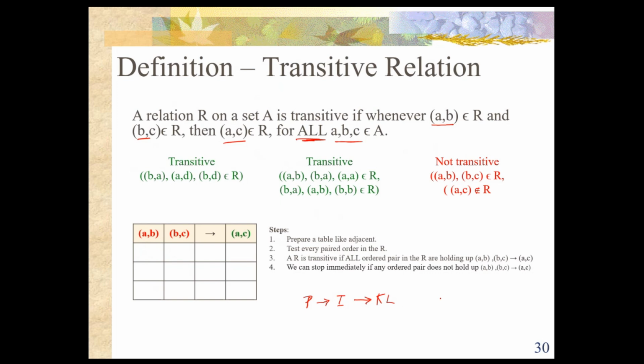So can we safely assume that we can get from Penang to Kuala Lumpur? The answer is yes, right? So, again, let's break this down. We can get from Penang to Ipoh. We can get from Ipoh to KL. Therefore, we can get from Penang to KL.